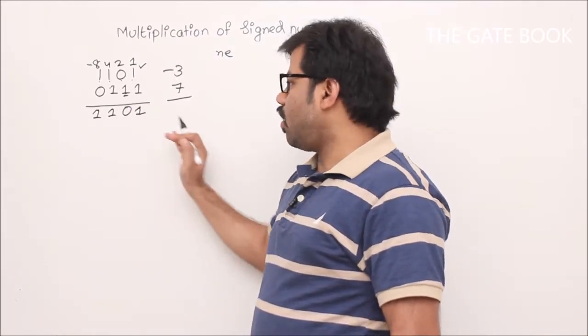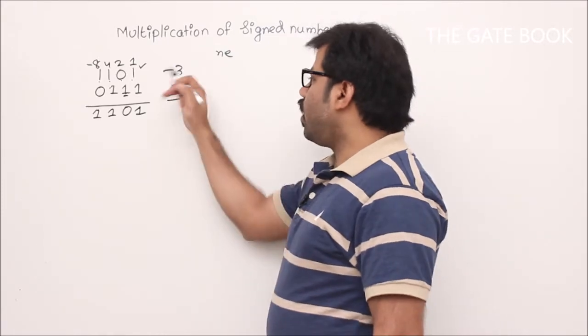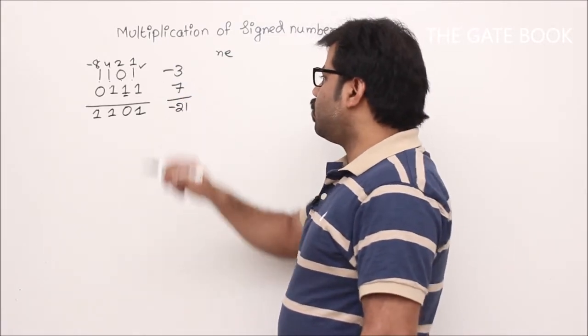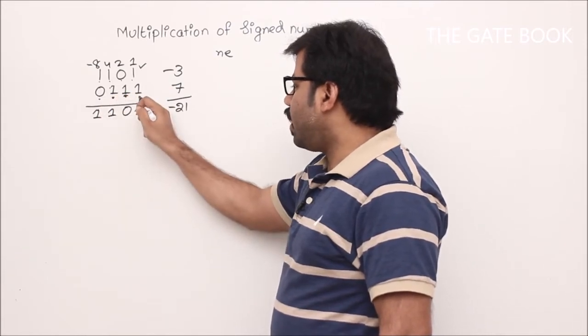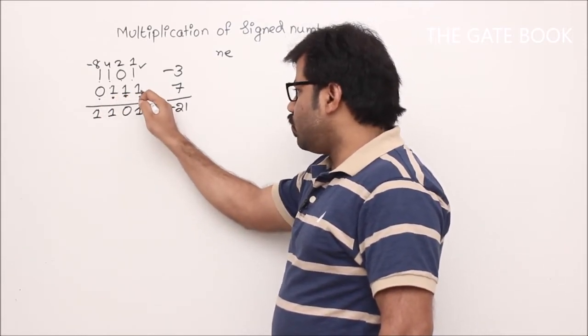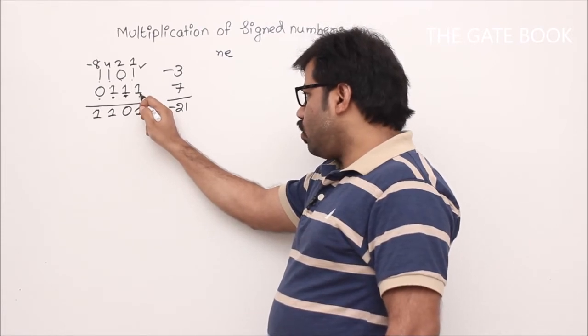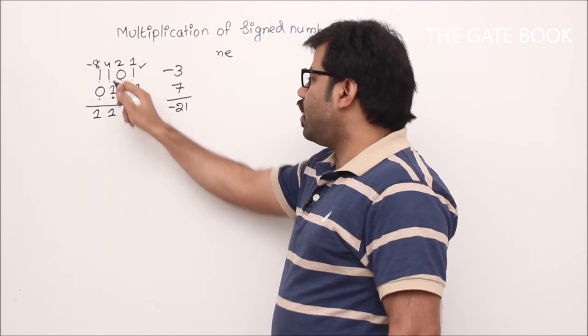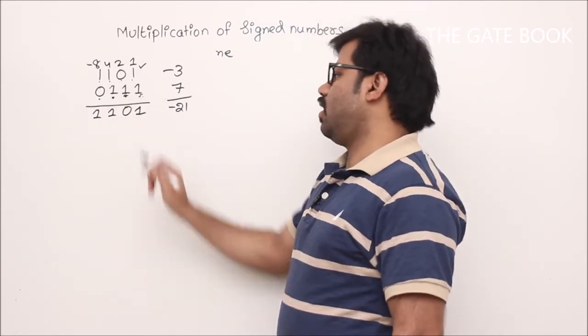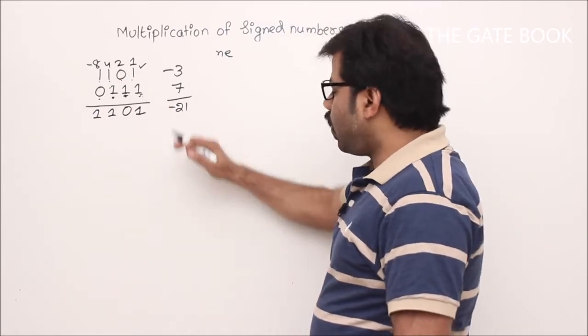So far we just cross check whether it is correct or not. The overall result should be minus 21. At this moment, forget about these 3 bits. Since you are multiplying with the first bit, value-wise it is 1. So you are multiplying with 1: 1 into 1101, 1 into minus 3, minus 3. Yes, it is minus 3. Perfect. So up to this point it is correct.